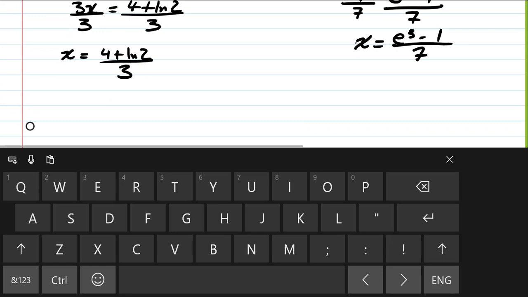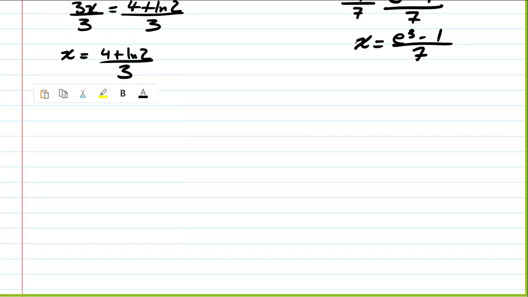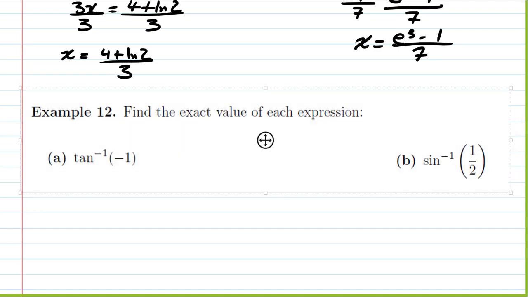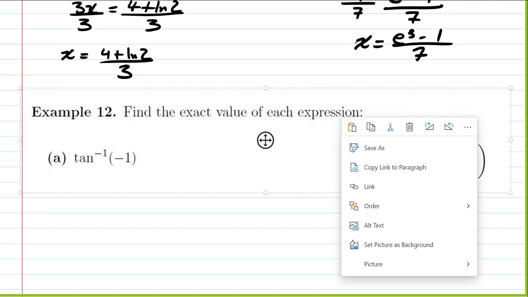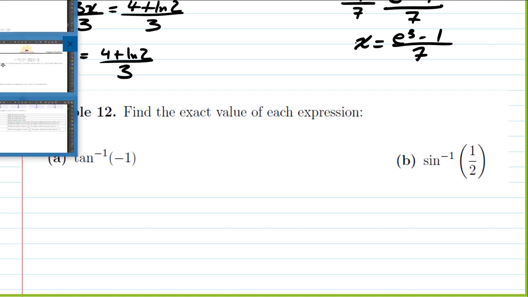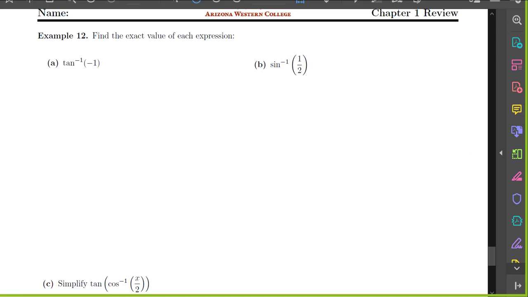And for these ones, we're going to need our unit circle. So we need to find the exact value of each expression. So if we take a look at our unit circle, which will be helpful.